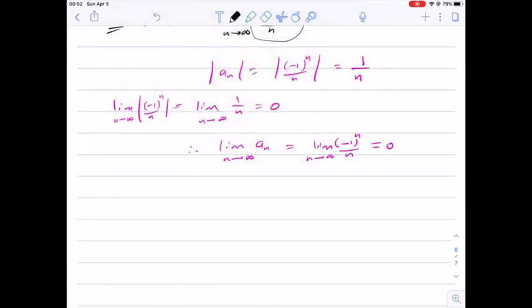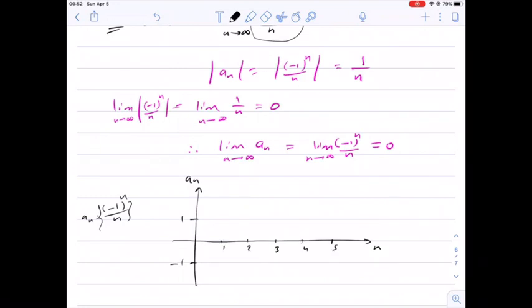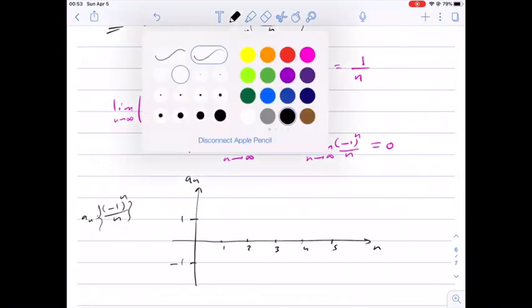Now why is this correct? Because if we want to graph this sequence, the sequence -1 to the nth over n, here this is the n axis, this is a sub n, and this is 1, this is -1, here we have 1, 2, 3, 4, 5.